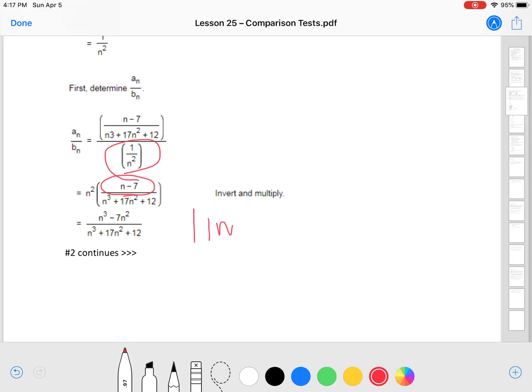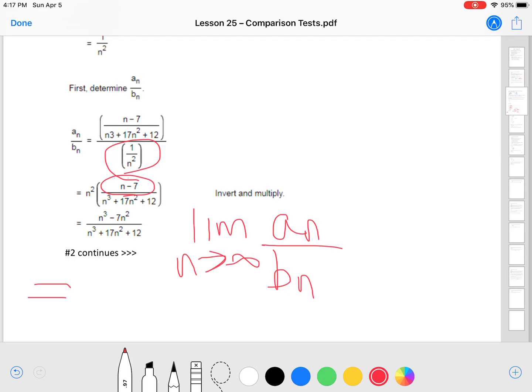Now you can take the limit as n approaches positive infinity of a sub n over b sub n. Now you don't have to do anything extra, you don't have to divide or anything of that sort.